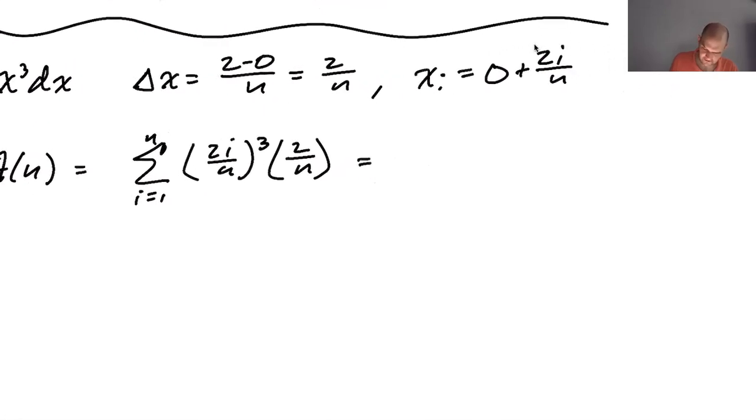And then this is 8i cubed. Nope, 8 times 2, 16i cubed over n cubed times n to the 4th. So this is okay.